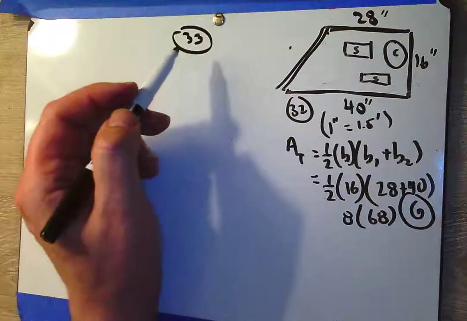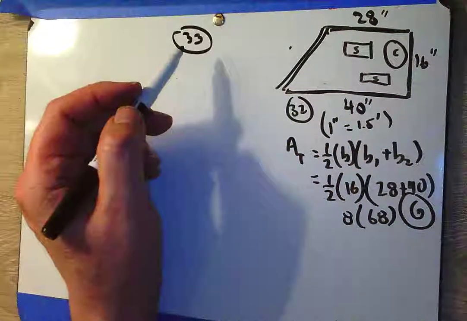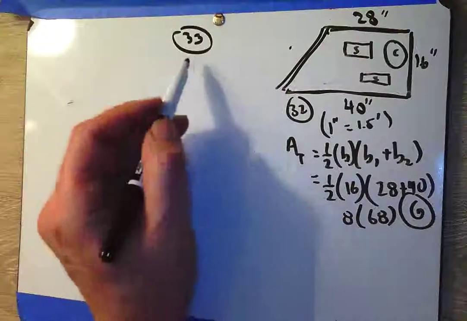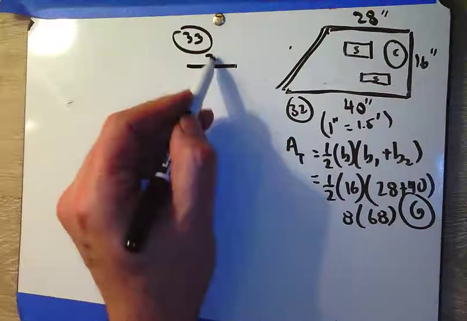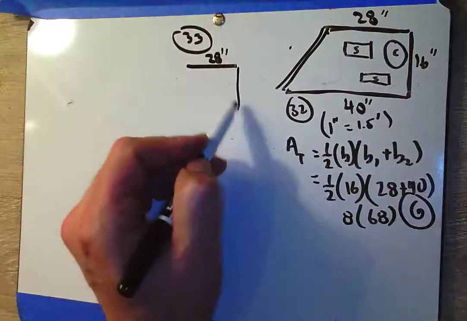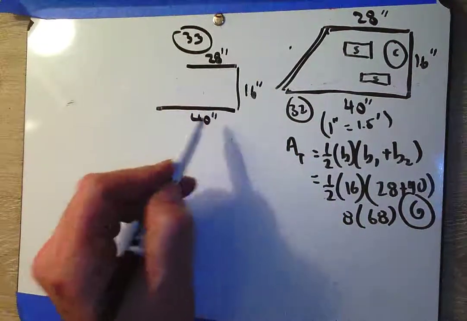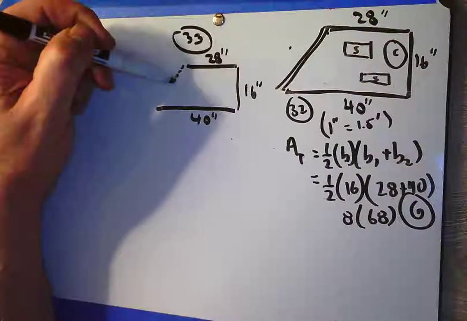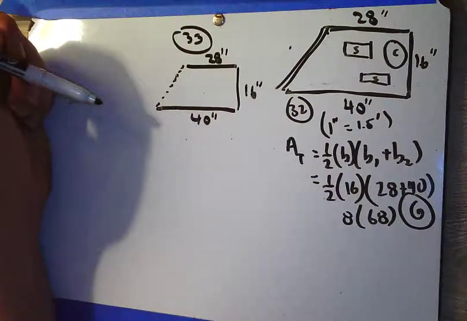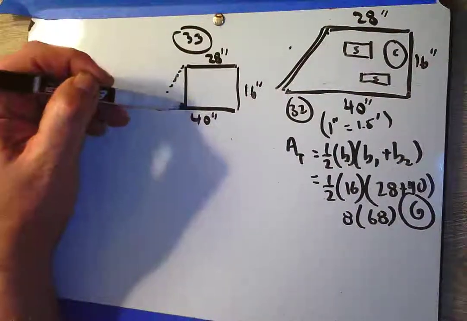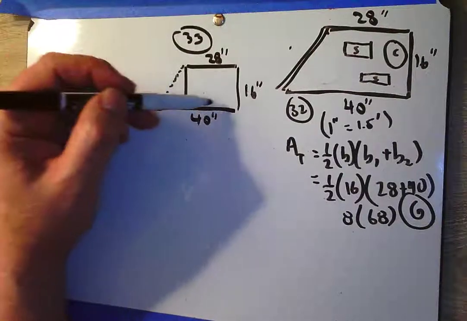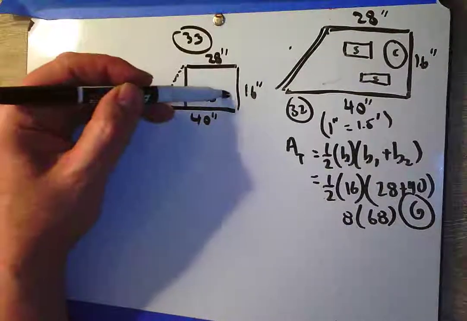33 proposes to install a fence around the perimeter. Well, I know 28 inches. I know 16 inches. But then we've got 40 inches, and I don't know how long this is. Well, if I drew this straight down, this length here would be 28.